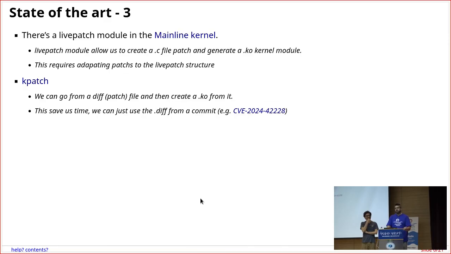The other thing that we need to consider is that in the mainline kernel there are some livepatch modules. The livepatch module allows us to create files that modify some kernel functions, and with this module we can generate kernel modules. This requires adapting patches to the livepatch structure, so this cannot be an easy job.